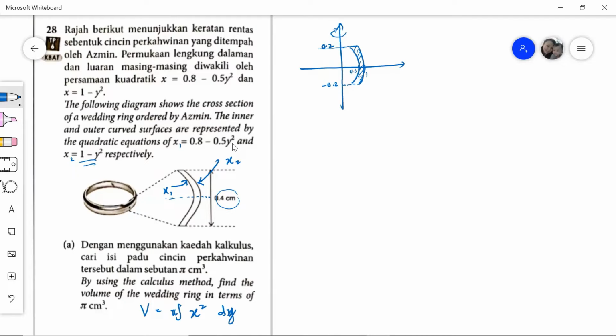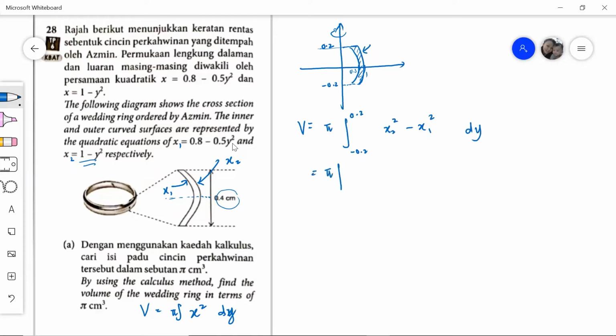Therefore, let's find the volume generated. So V equals pi. Both are from the same boundary, so we can put them together, from negative 0.2 to 0.2, towards the y-axis. Therefore, we shall use the outer curve minus the inner curve, that is x2 squared minus x1 squared.